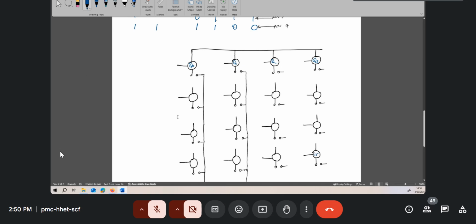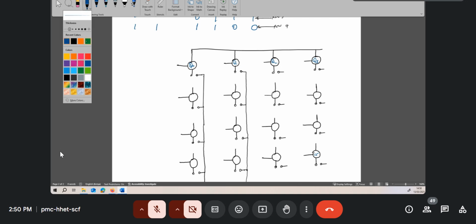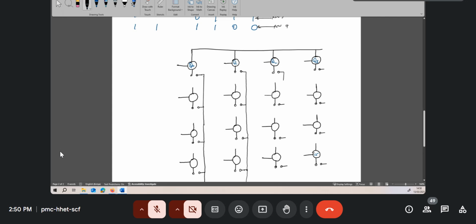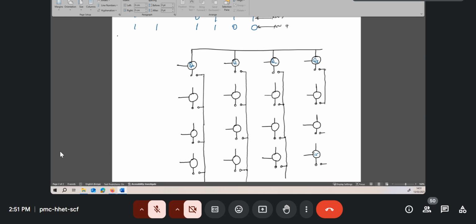So let me just complete this structure. If you recall, this is what we have already covered, but now we are showing how we can store some mathematical functions in a mask programmed ROM at the point of manufacture.